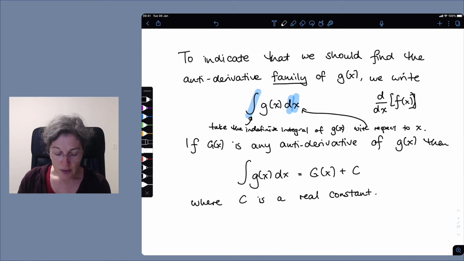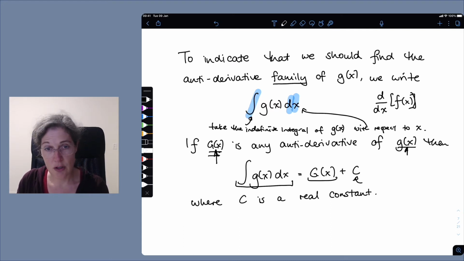Okay, so if big G of x is any antiderivative of little g of x, so remember an antiderivative says if I take the derivative of this big G, I'm going to end up with this little g, then in fact this indefinite integral of little g is big G of x plus some constant, where c is a real constant.